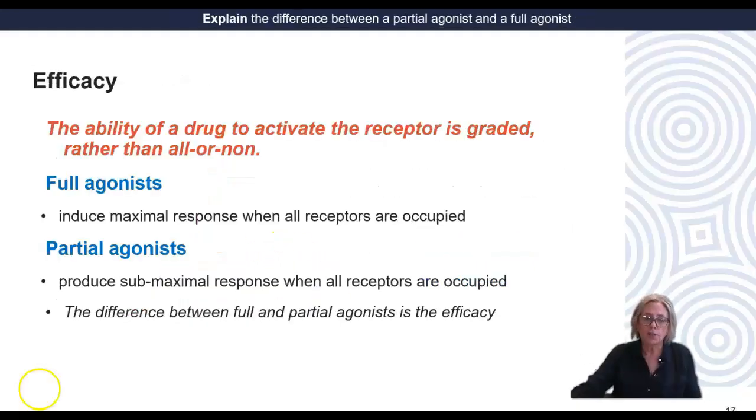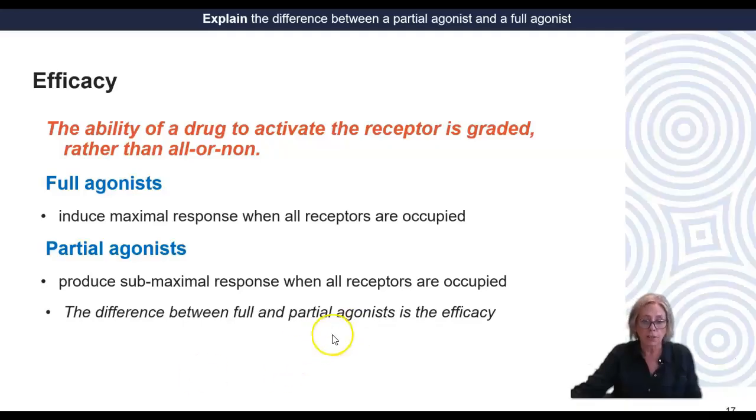And to summarize this then, the ability of a drug to activate the receptor is graded rather than following an all or none rule. Full agonists induce maximal response when all receptors are occupied, and partial agonists can only ever produce submaximal response even when all of the receptors are occupied.